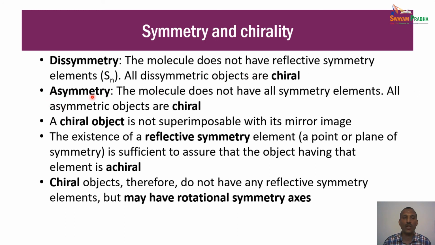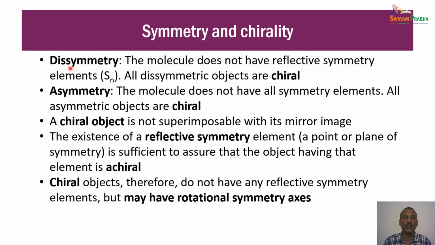And asymmetry means the molecule does not have any symmetry elements. So there is a difference between dissymmetry and asymmetry. Dissymmetry mainly talks about the improper rotation only, whereas asymmetry talks about all the symmetry elements including the Sn axis. That way we can differentiate whether the molecule is chiral or achiral.